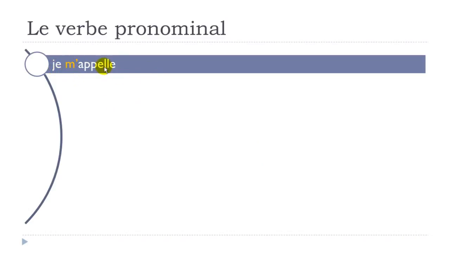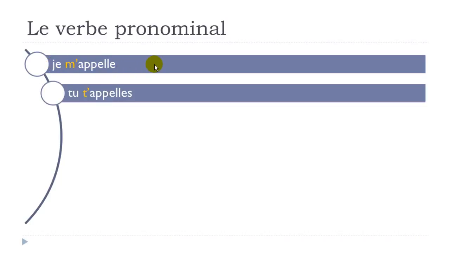Je m'appelle. Same thing here, the e that we had previously disappeared. So remember, that's normally the verb that you use when you introduce yourself. In French it's like I call myself, so my name is. Je m'appelle. Tu t'appelles.